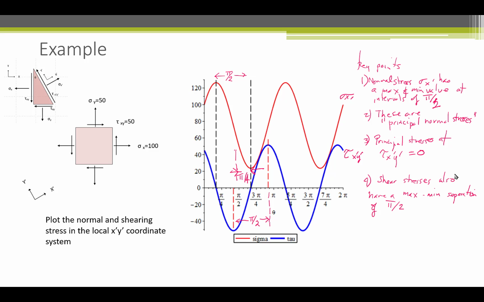Shear stresses are also on the same frequency. They have a min and max separation by pi over 2, and you can see that the shearing stress leads the normal stress by pi over 4. These are important points to keep in mind when working with stress analysis.